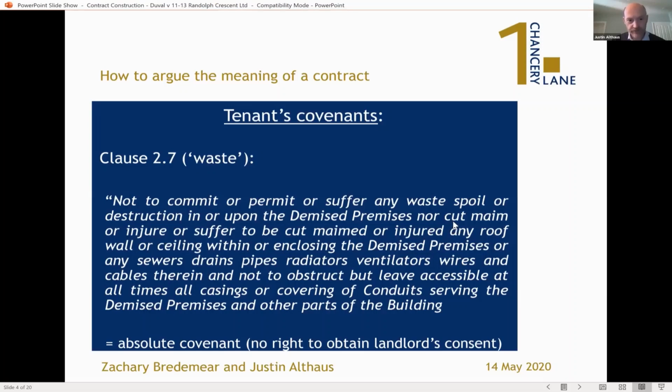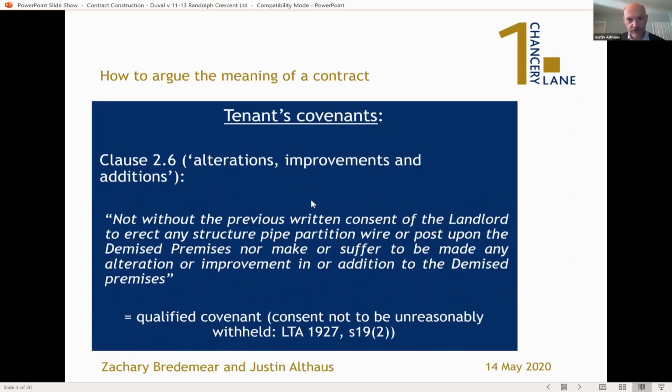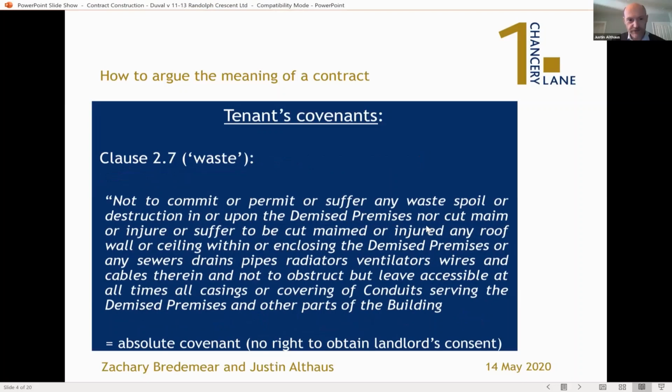That is an absolute covenant, because unlike clause 2.6, where there's a provision which entitles the tenant to ask consent, there is no such provision.